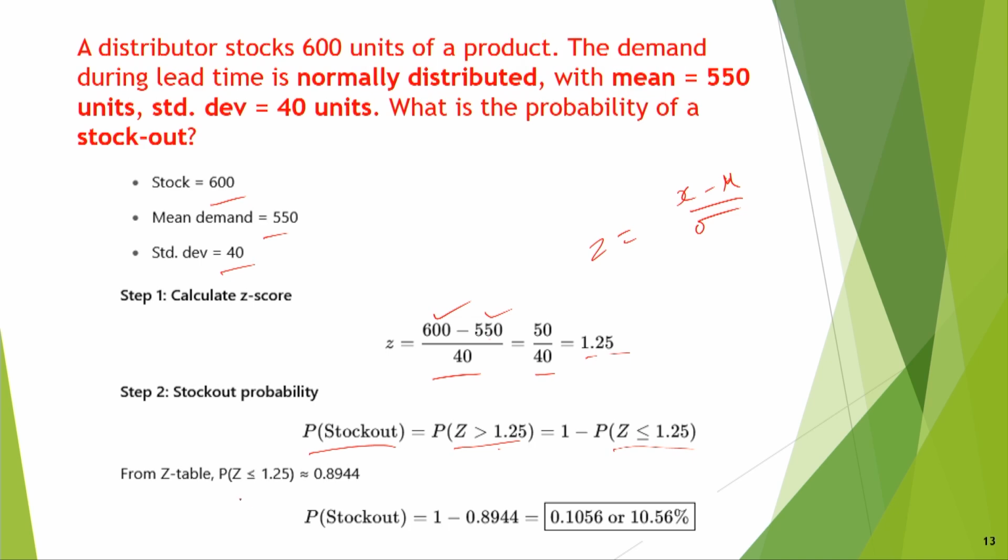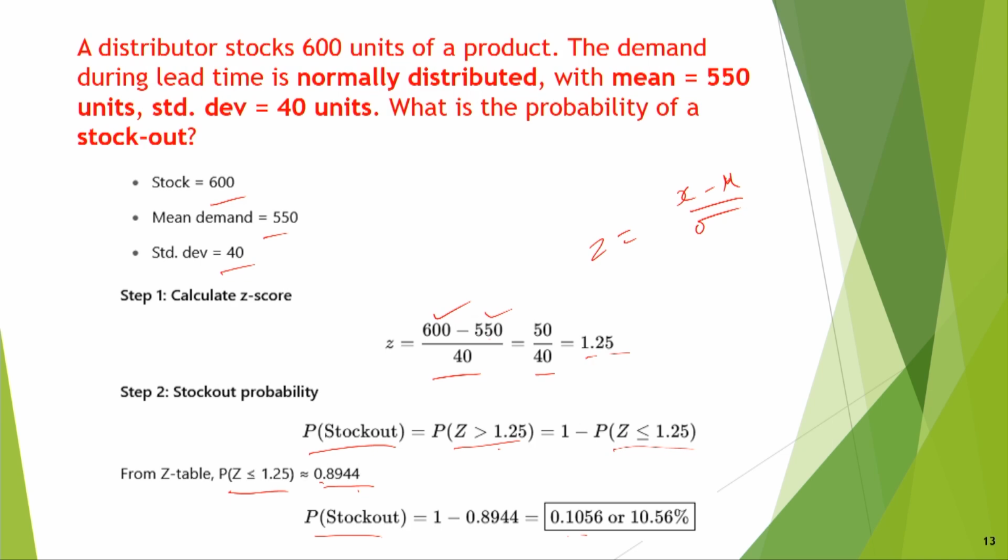Now, from the Z table, or using the Excel NORM.S.DIST function, P(Z smaller than or equal to 1.25) is equal to 0.8944. Therefore, the probability of stock out will be 1 minus 0.8944, and this equals 0.1056, or in terms of percentage, 10.56%.